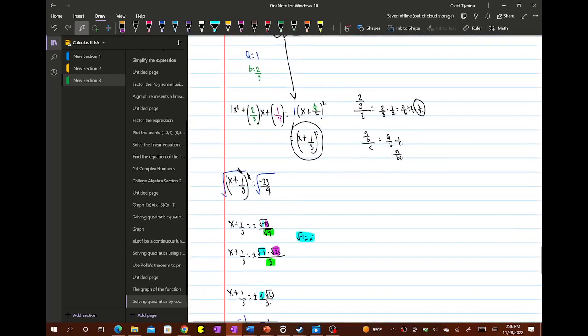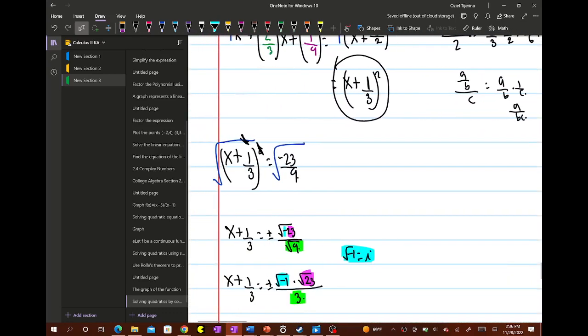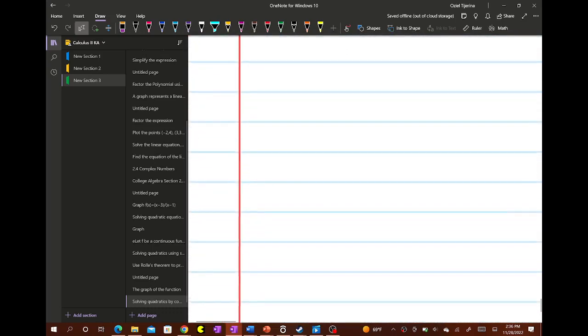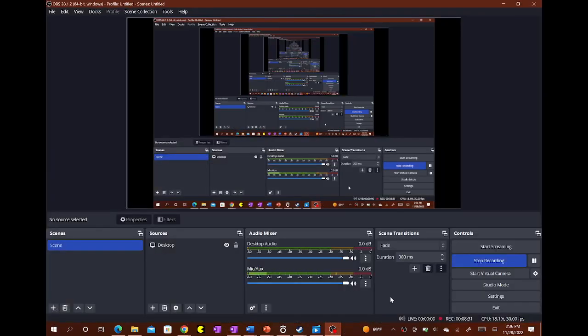So if anybody does have any questions over this, please do let me know. But yeah, I really wanted to go over an example like that, that is very difficult to solve by completing the square.